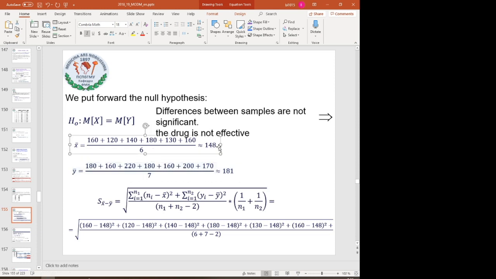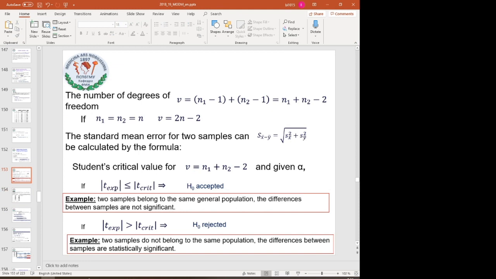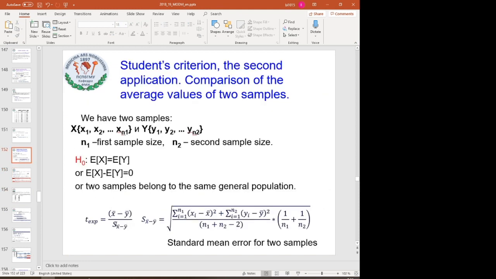But the question is what about the standard error? You remember it is in the denominator of the Student formula. If it is big, it can cancel the difference between mean values, and we have a small number, so this value of error can be big enough.